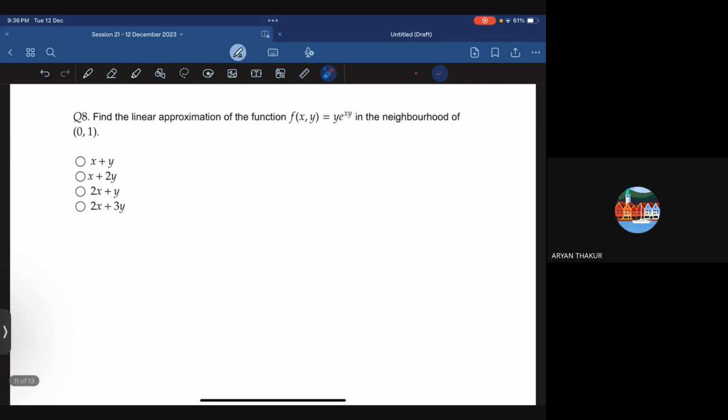Sir, can you share this PDF? I will share this PDF in the folder. If you go on the Discourse folder, not the master folder.